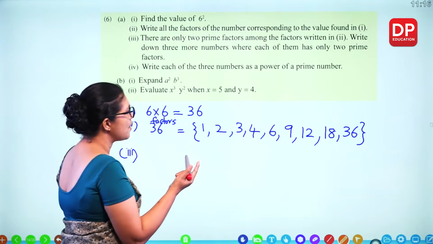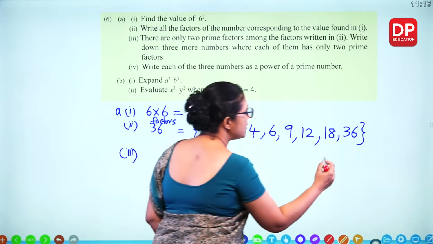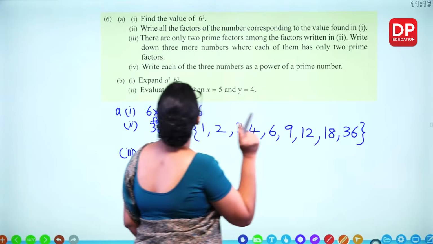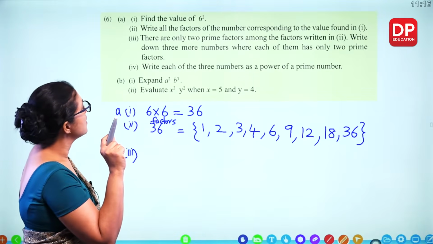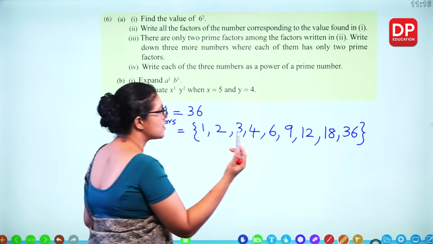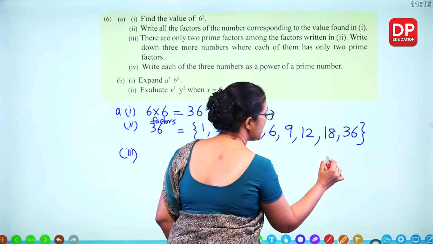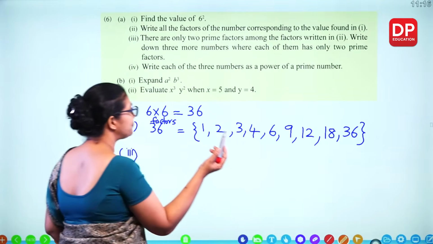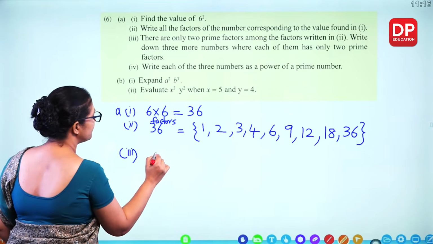So 2 and 3 should be the prime factors. So 2 times 3, 6. So with 6, you can take 6 times 2, 12.